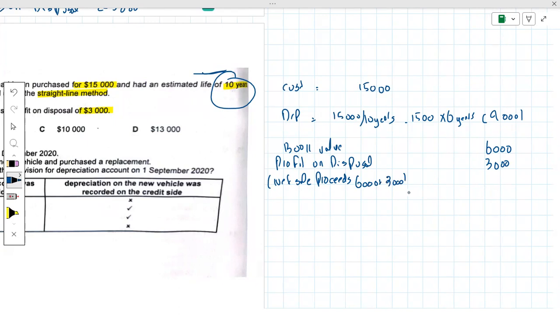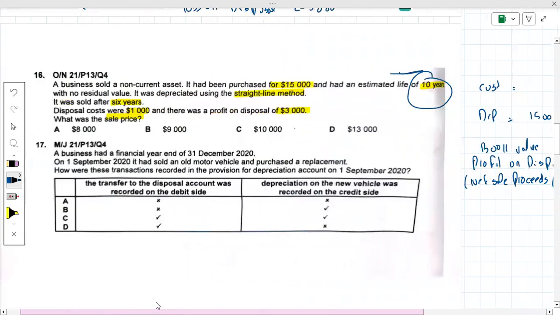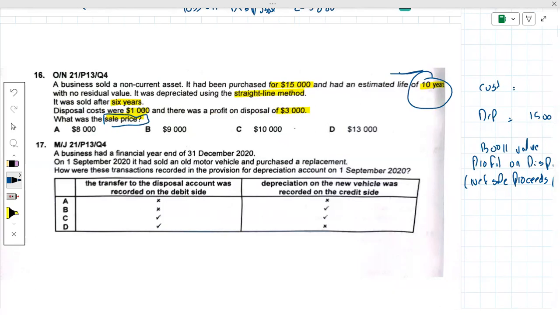So its net sale proceed is equal to $9,000. And because we are trying to find out its sale price, disposal costs were $1,000, and there was a profit on disposal, which is $3,000.